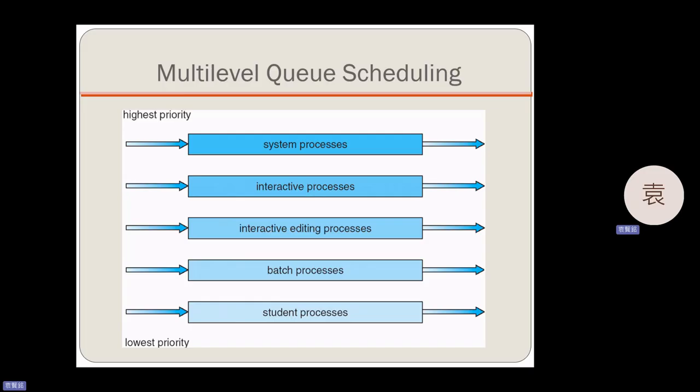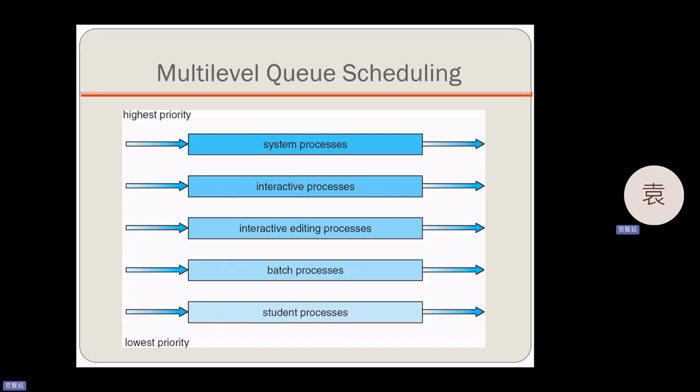However, again, there is a problem: how to decide the property of a process when we create a new process. For a student process, of course, it's easy, because the process is created by a student ID, so we know. But for system processes or interactive processes, if it's an operator or the staff, the researchers and staff in a university, they all have the same class of user ID.